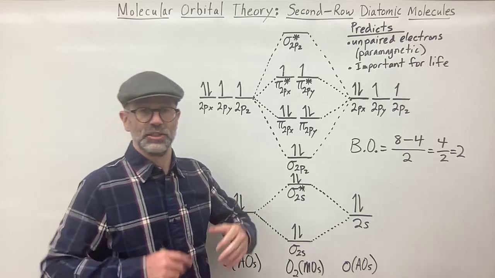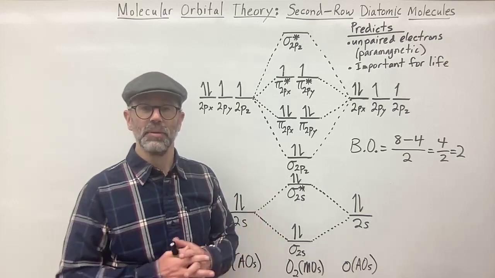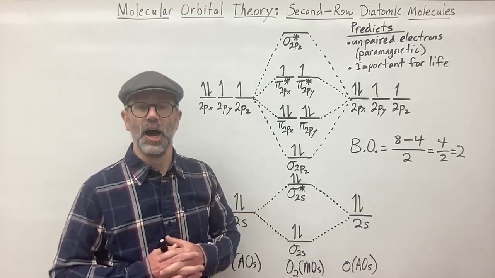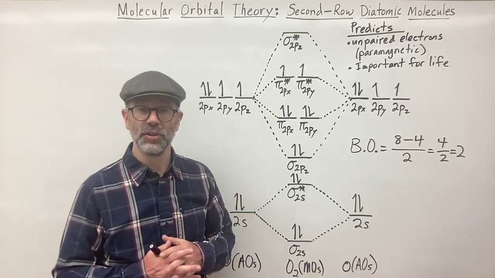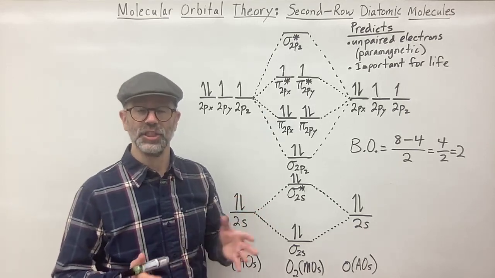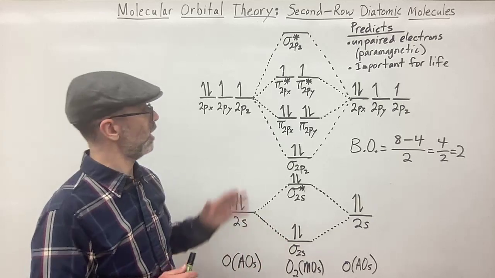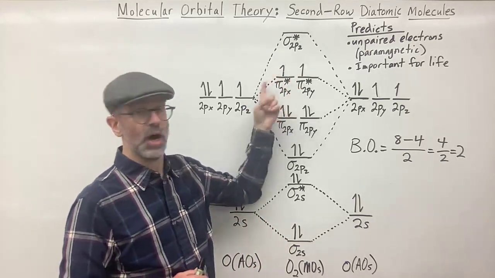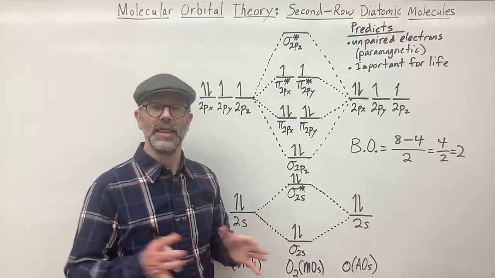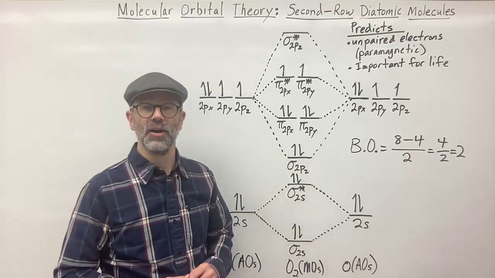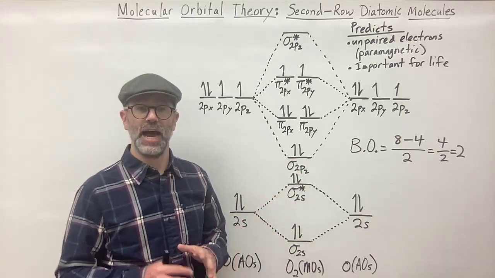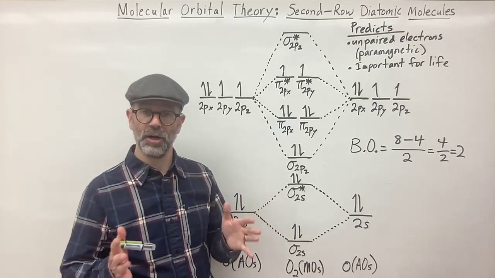So living organisms like you and me and plant life and all the rest of it would react completely with the oxygen in the air if it wasn't for the fact that oxygen has two unpaired electrons, and all the other organic molecules actually have all paired electrons.